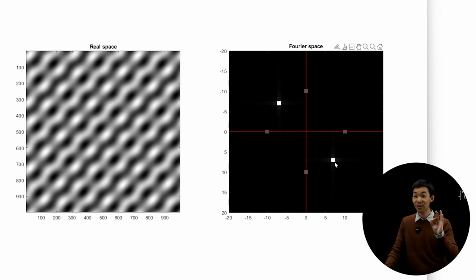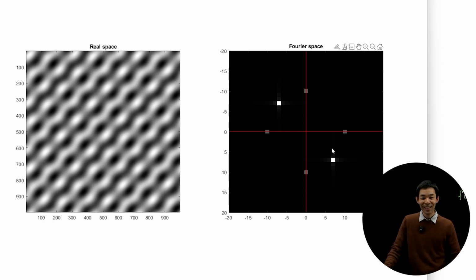So this is a third aspect of how to interpret the Fourier space diagram. The brightness of these dots indicate the amplitude of a particular wave in real space.